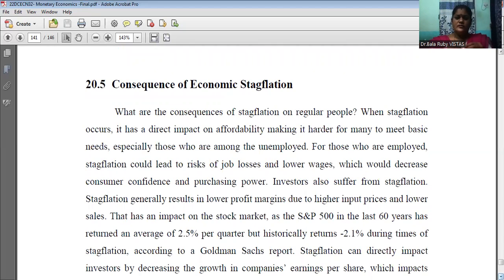Investors also suffer from stagflation. Stagflation generally results in lower profit margins due to higher input prices and lower sales. That has an impact on the stock market, as the S&P 500 in the last 60 years has returned an average of 2.5% per quarter, but historically returns minus 2.1% during the times of stagflation.